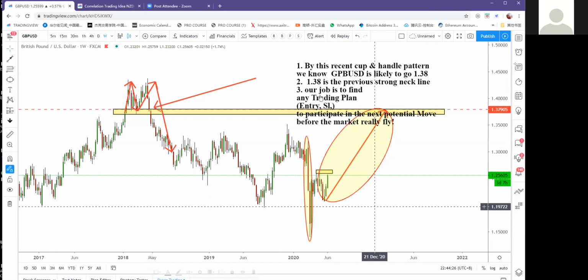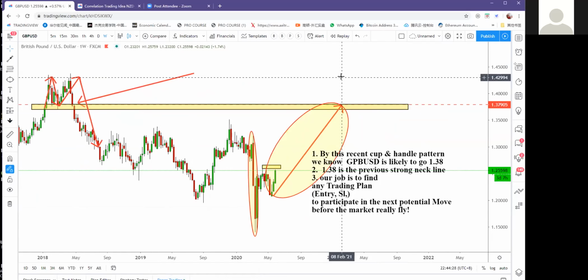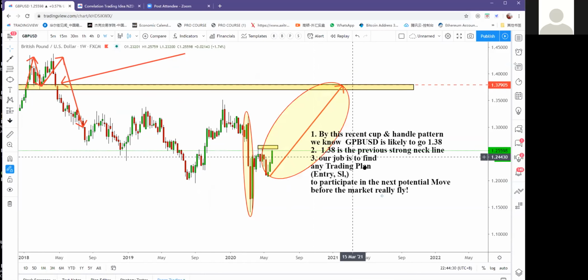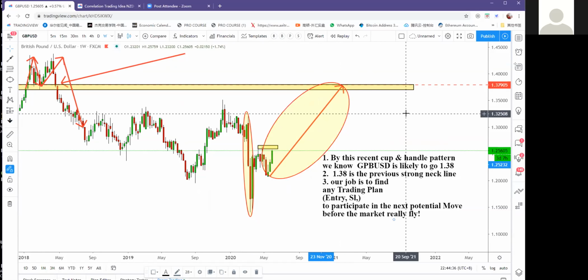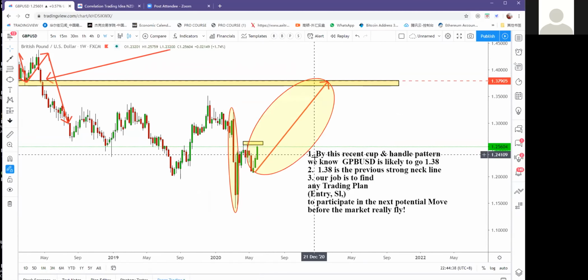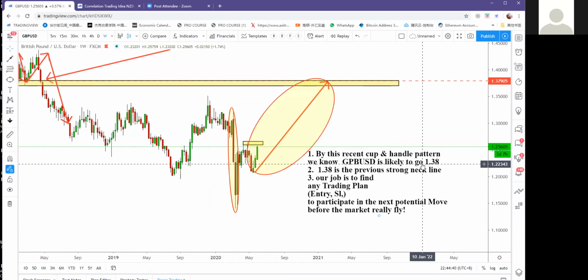This is how we think, how we get to this idea that we are very anxious to buy the low to participate in the next trend. So, 1, 2, 3, three steps.